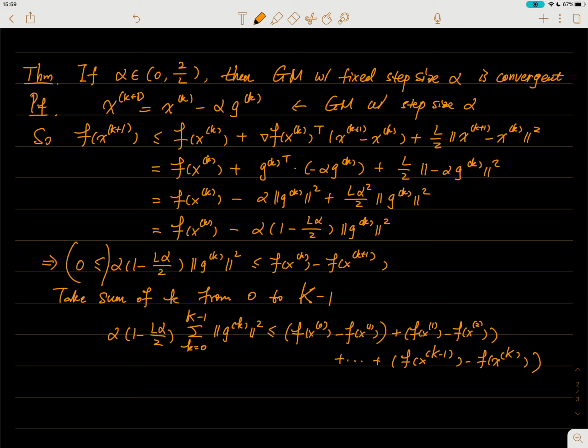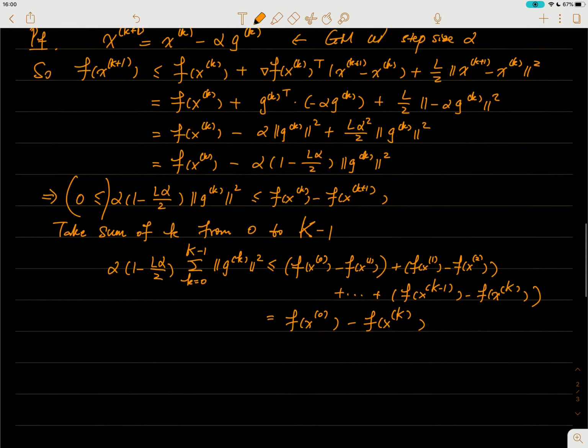What I just said is this will be cancelled with this, and also this will be cancelled with the next coming f of x2, all the way to this one. The only things left are the head and this tail, so that means just f of x0 minus f of x capital K. This is interesting because remember that xk is just what we got after k iterations.